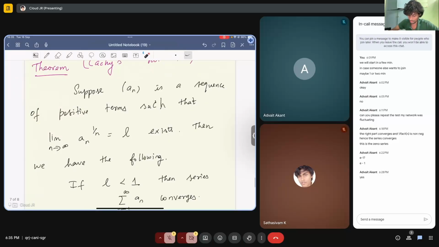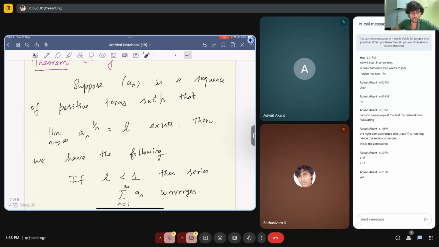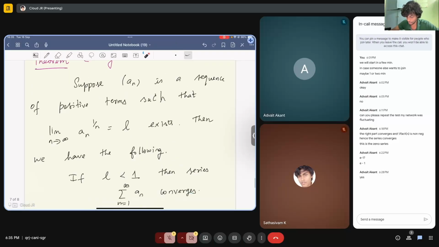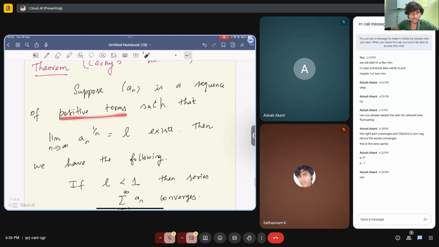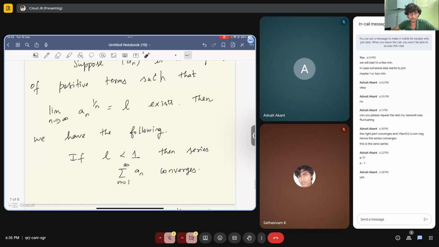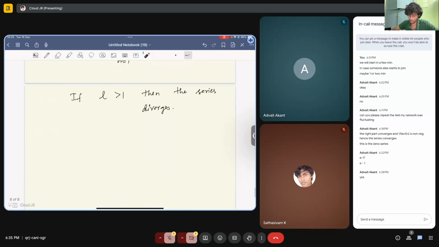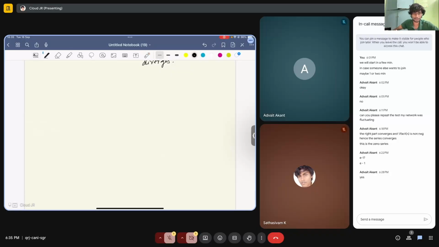But anyway, for positive terms it is true because I took it from the book. You can verify it, but I have read the proof and I don't think positive is needed exactly. Okay, so let's move on to the examples here.